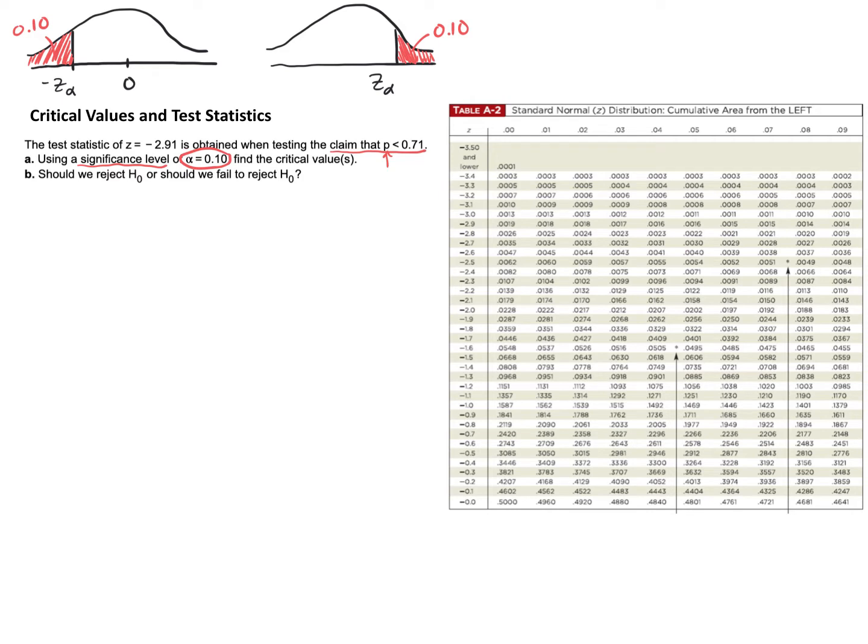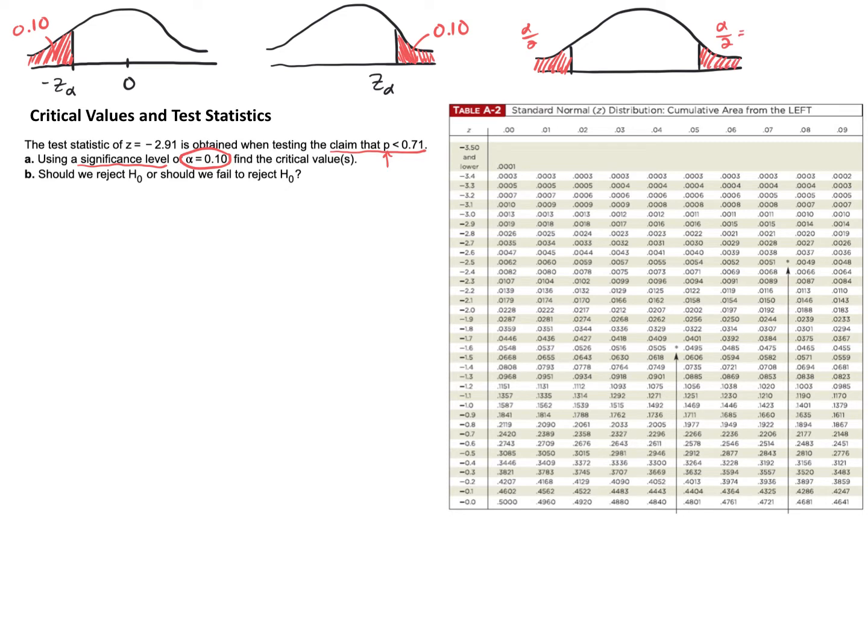The third type of hypothesis test is a two-tail test. Two-tail tests always occur when your alternative hypothesis contains the not equal sign. And so in a two-tail test, you take your alpha and you split it equally in both tails. So the region in the left tail is half of alpha and the region in the right tail is half of alpha.